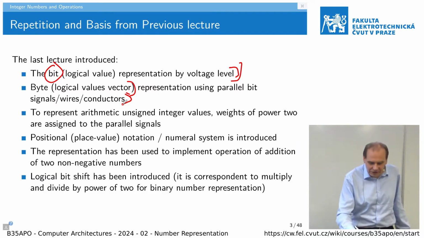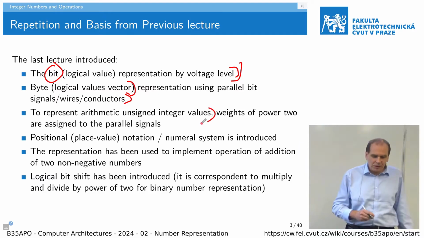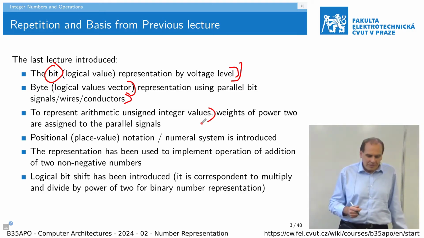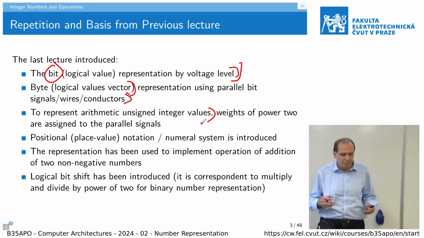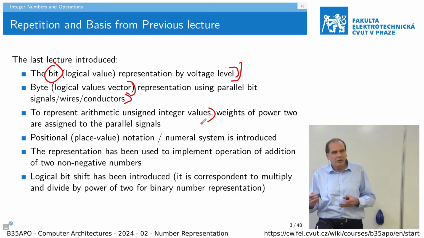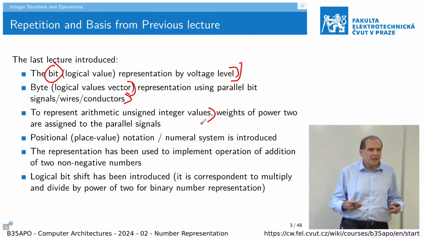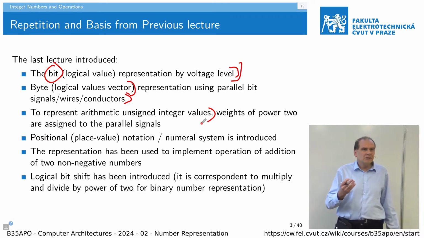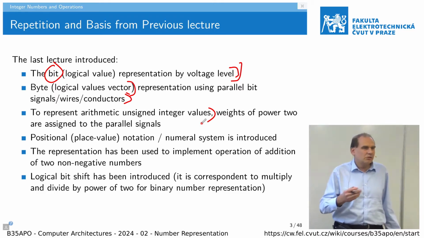And we have seen that we can easily encode unsigned integer values. From the point of view of information theory, if we have n bit signals, then the total number of symbols which we can represent is 2 power n.